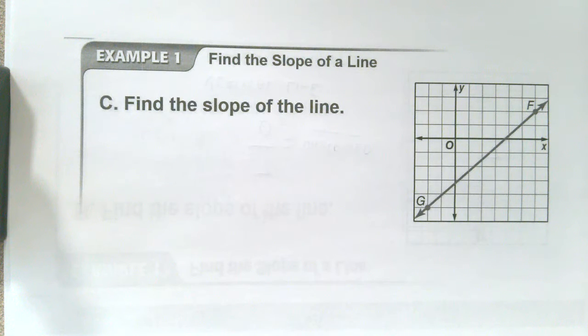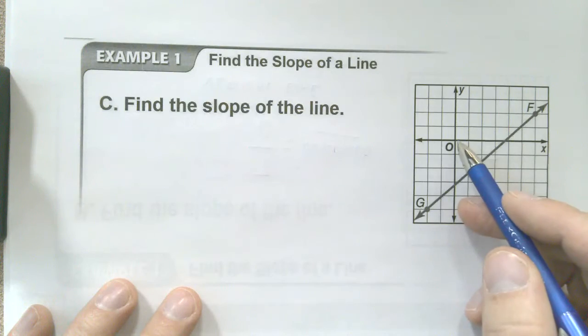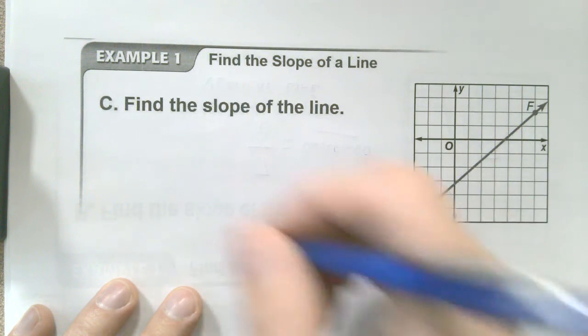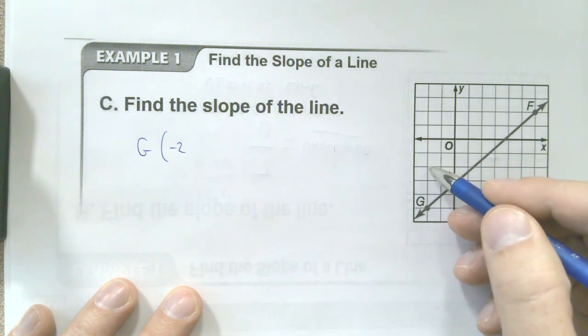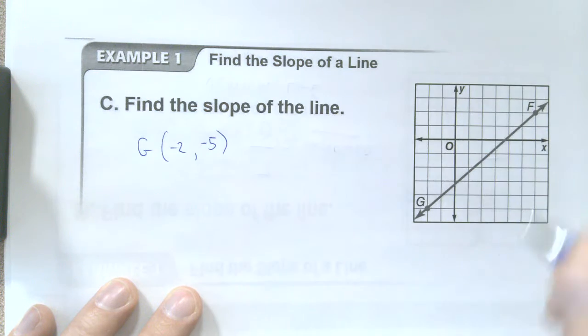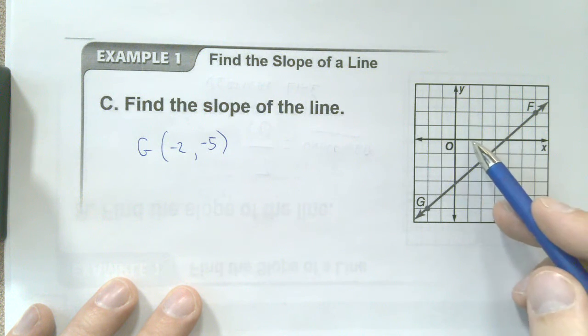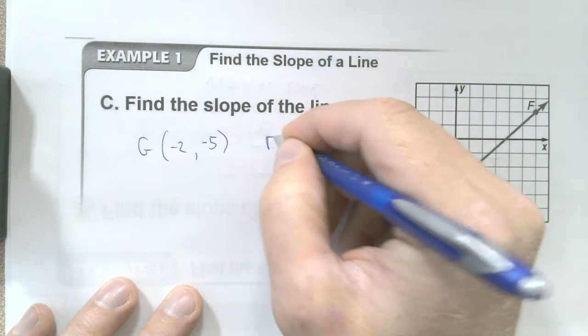On our third line here, again, we're finding the slope. Let's do this one using the formula again. So here are my points: G is -2, -5, and F is going to be 6, 2.